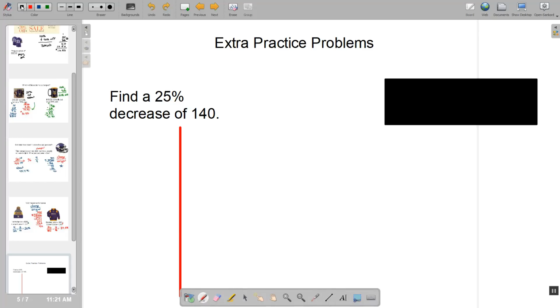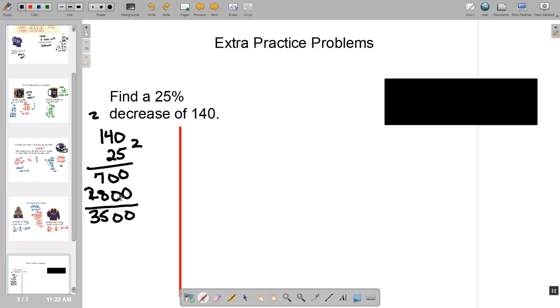The first strategy is we want to do 25% of 140. So I'm going to do 140 times my 25% right away. And once we find this, this should be a 2, sorry.